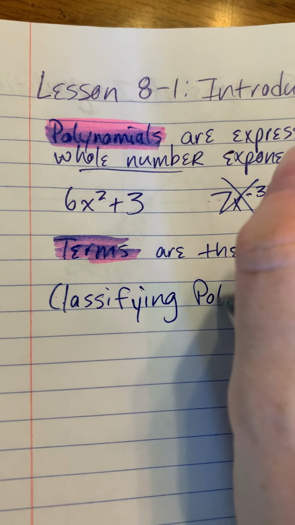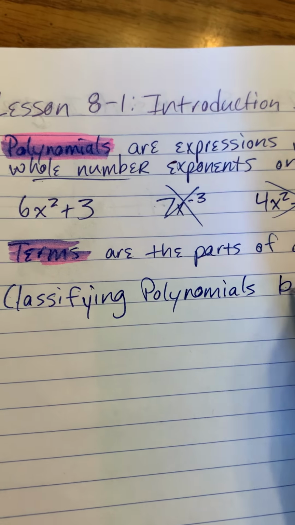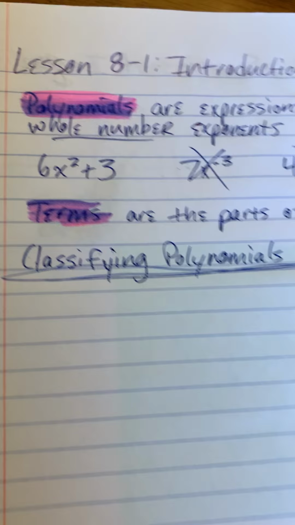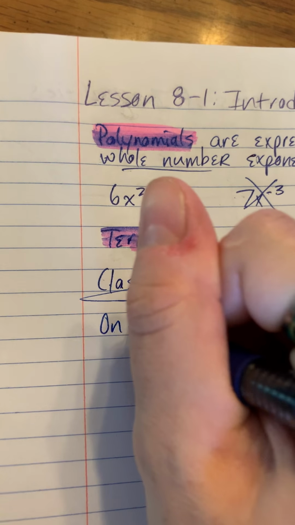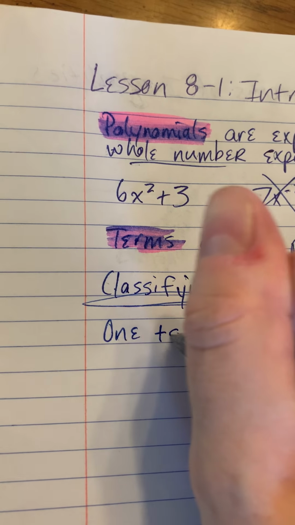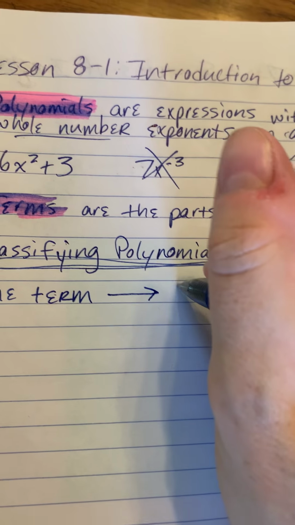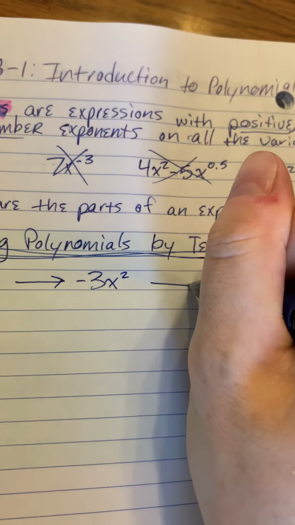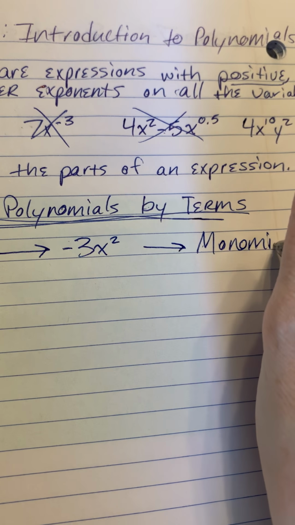Classifying polynomials by terms. If it only had one term, then it would look like negative 3x squared, and you would call it a monomial.